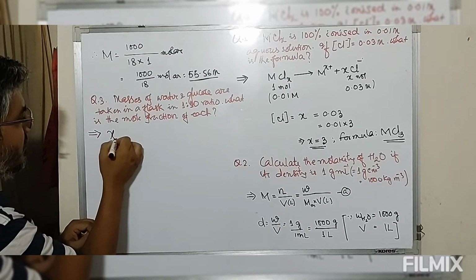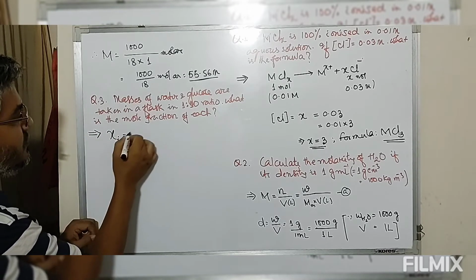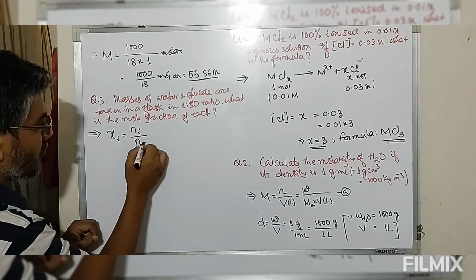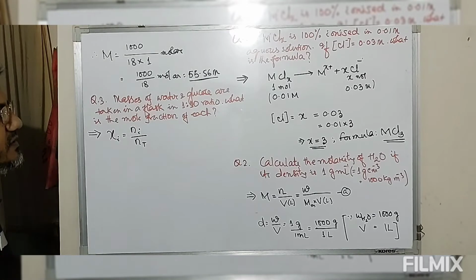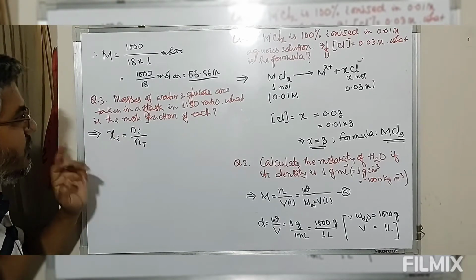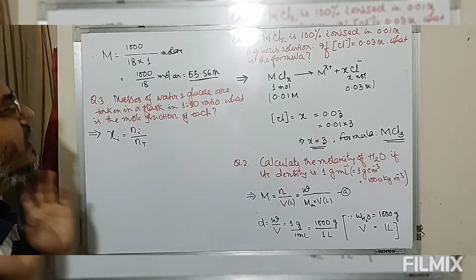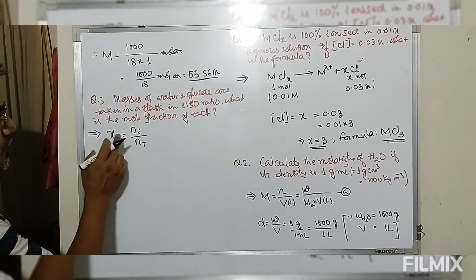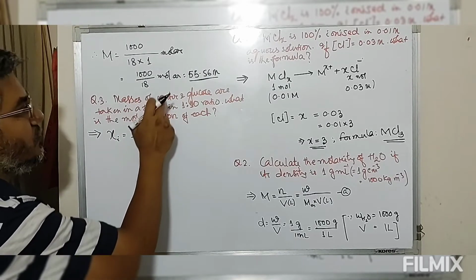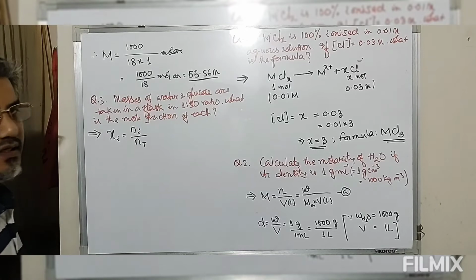Mole fraction of any component is equal to number of moles of that component divided by total number of moles. So to define the mole fraction, we need the number of moles of water as well as glucose, which are taken in the ratio of 1 by 10 of their mass.